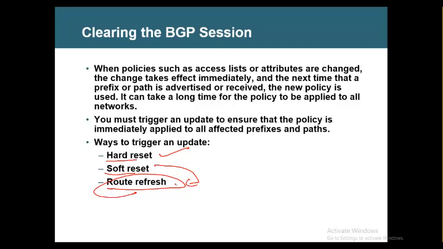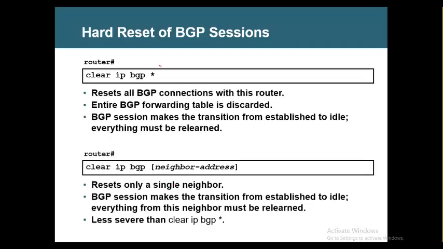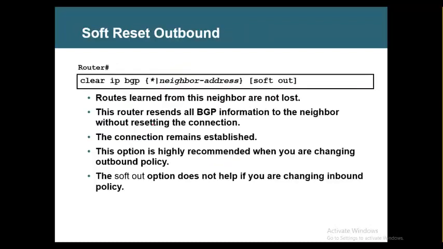All right, so if you want to reset for all neighbors, then you put star. It is going to be a hard reset. You can also specify a particular neighbor, and only with that neighbor the hard reset will happen. You can also use the soft reset, where the routes learned from the neighbors are not going to be lost or cleared.